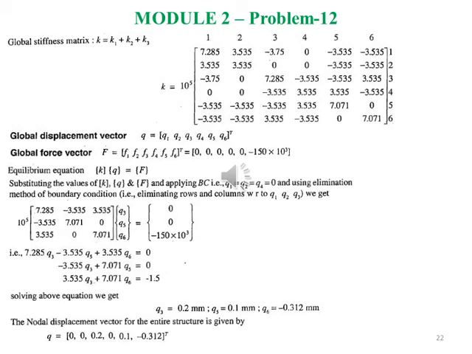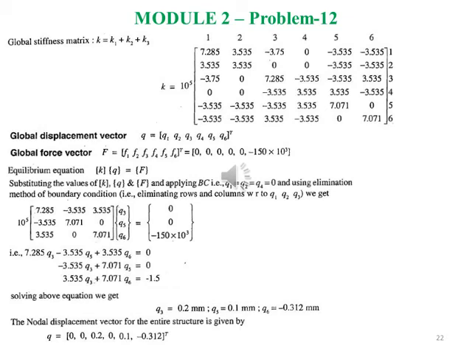Hence the data pertaining to node 2 in K1, that is 3 and 4, and the data pertaining to node 2 in element 2, that is K2, 3 and 4, are to be added while writing down the global stiffness matrix.